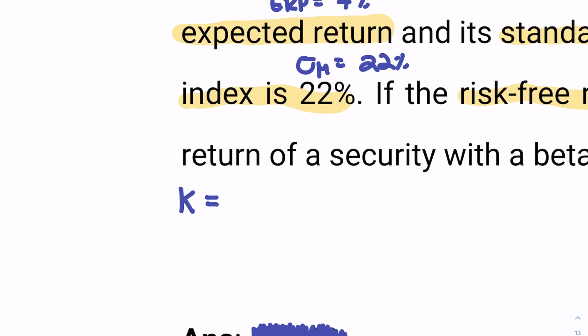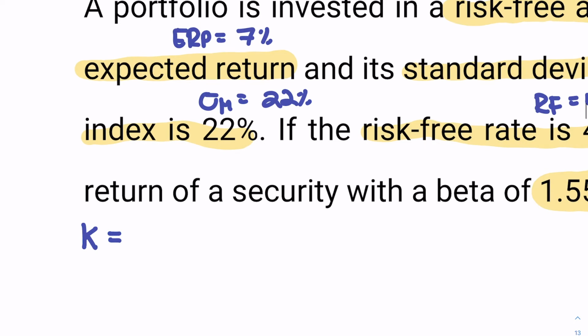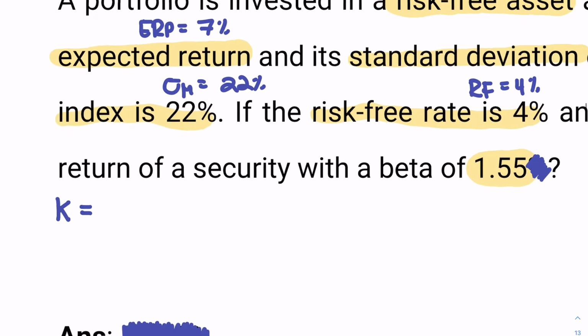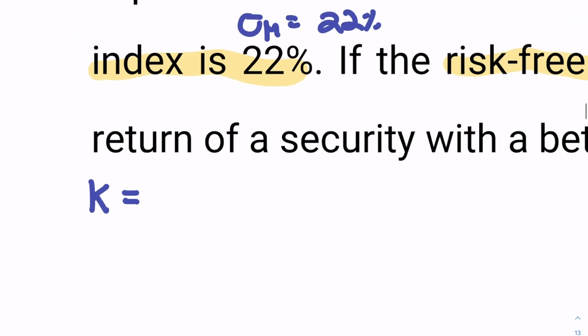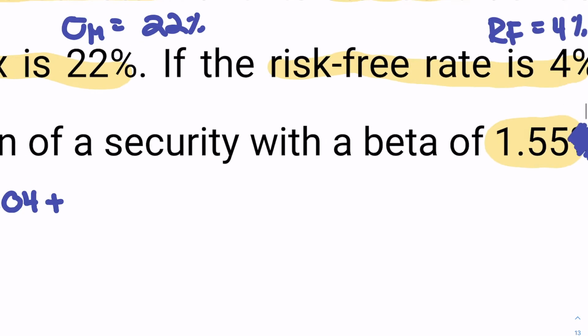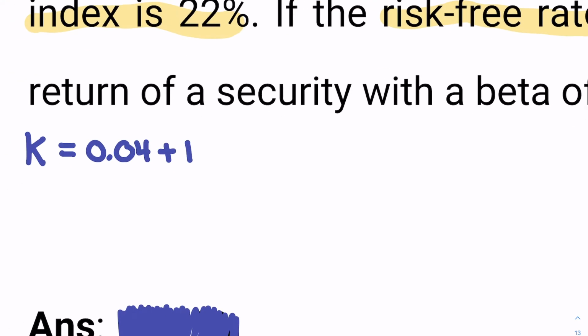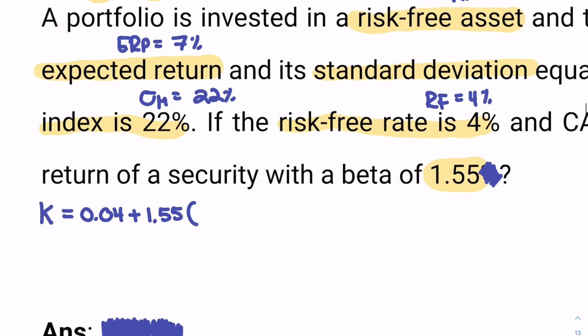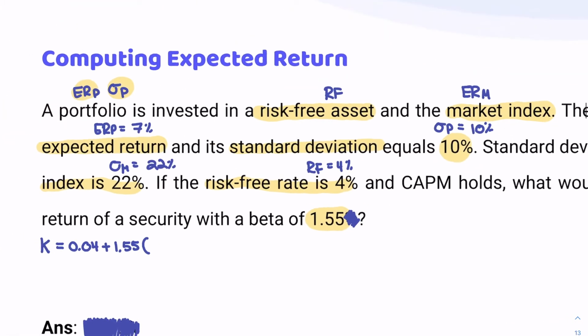So in this case, we have RF, right? So we know that K is equal to RF plus something. So in this case, we know that K is equal to 0.04 plus our beta of 1.55 times our market risk premium. So in this case, we want to see, well, do we have our market risk premium in this question?